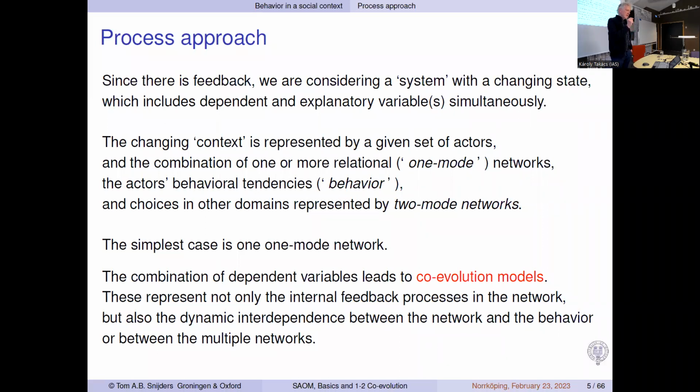The system consists of at least one network, and I differentiate between one-mode networks and two-mode networks. One-mode networks are the usual type of networks to which you are accustomed. A two-mode network is a network from nodes in one set A to nodes in another set B. For example, for the set A, you can think of individuals, and for the set B, you can think of activities.